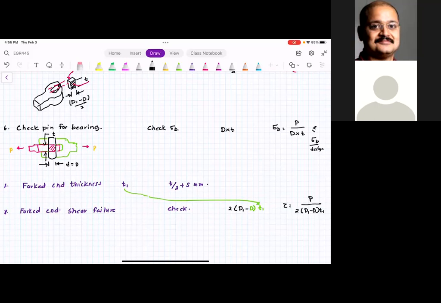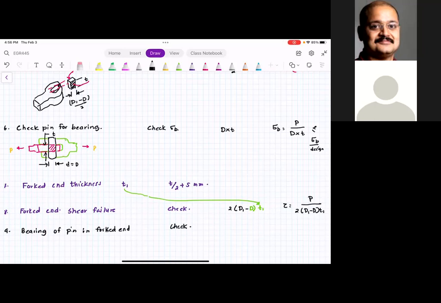And you can also check the bearing of the pin in the fork end. We did the shear failure check, and again, this is for checking.